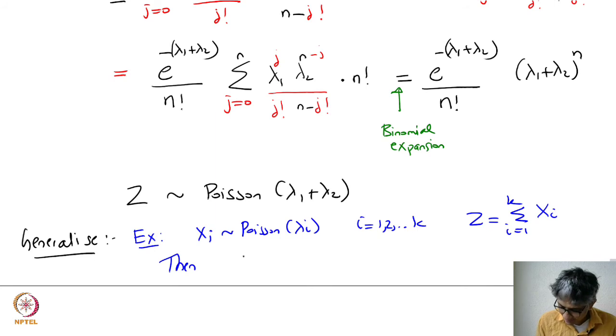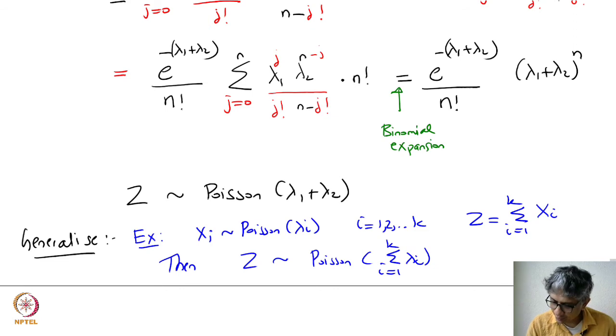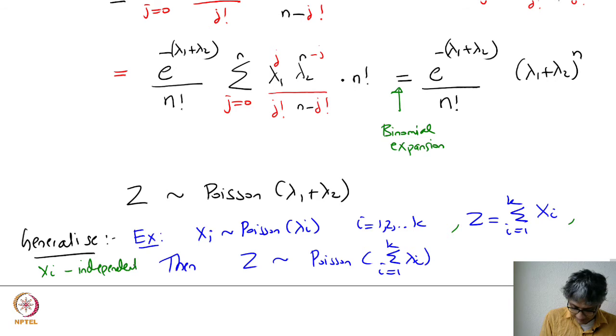Then the distribution of Z is just going to be Poisson of the sum from i equal to 1 to k of lambda_i. Of course, the crucial fact is that I also have to take the X_i as independent. So this collection is independent. So if I have a collection of independent Poisson random variables, they add up to Poisson.